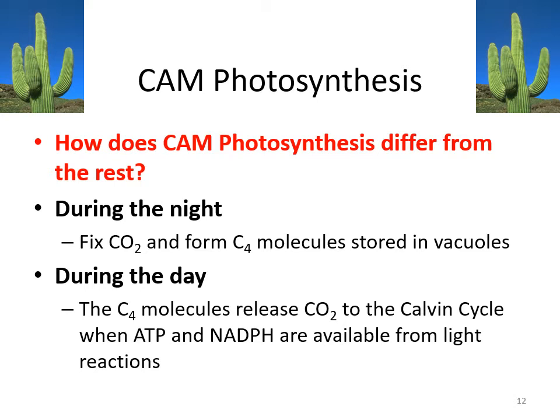And then during the day, they'll release those molecules to release carbon dioxide to the Calvin cycle. And that's basically when ATP and NADPH are then available, because if it's during the day, think of light reactions occurring during the day.